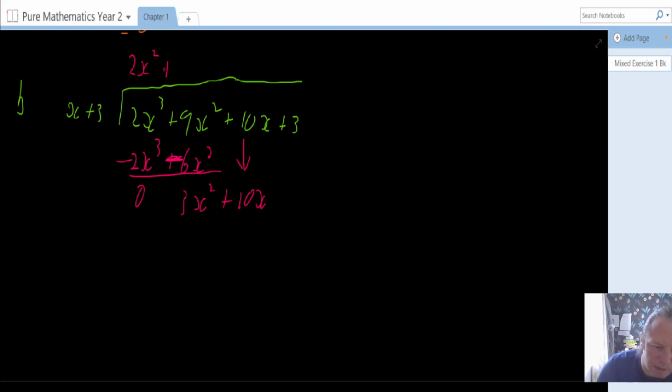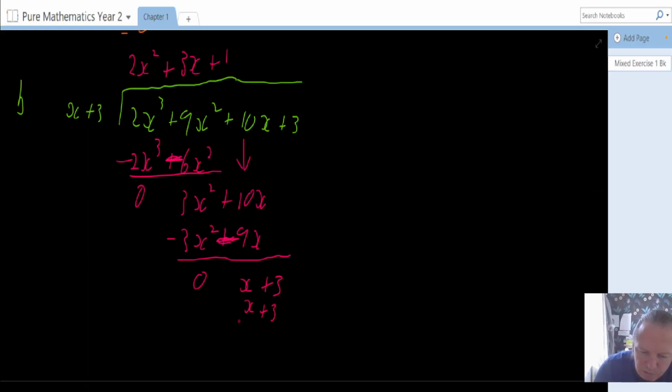Well, that would be 3x, giving me 3x squared and 9x as I multiply it by 3. Do the takeaway, so change the signs. Then 0, x plus 3, and that is just plus 1. And of course, x plus 3, 0, 0. Done. So that's what we get when we do that.